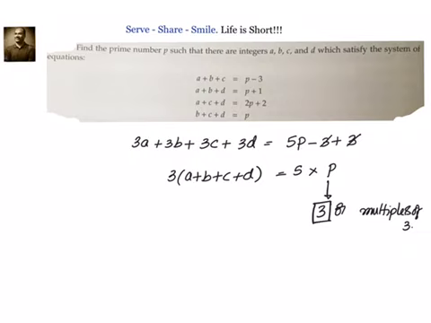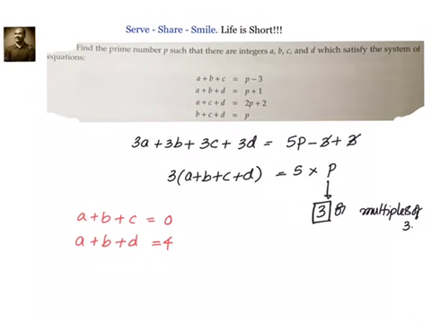Now once we know p equals 3, we can go back and write down the given equations again. a plus b plus c is equal to 3 minus 3, that is 0. The next one, a plus b plus d is equal to p plus 1, that is 4.